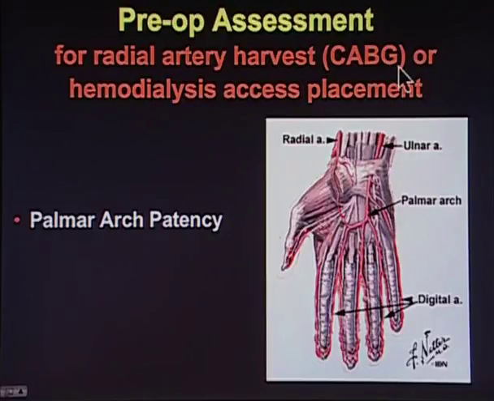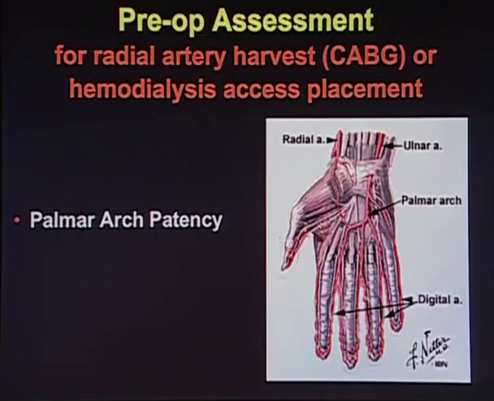The radial artery is starting to be used now more than the saphenous vein because it's more suitable for the size of a coronary artery replacement, and also the arterial walls are a little bit less inclined to develop intimal hyperplasia. So evaluating the radial artery preoperatively is one of our goals. Also, evaluating the patency of the palmar arch is important, and this is for either radial artery harvest or for hemodialysis access placement.